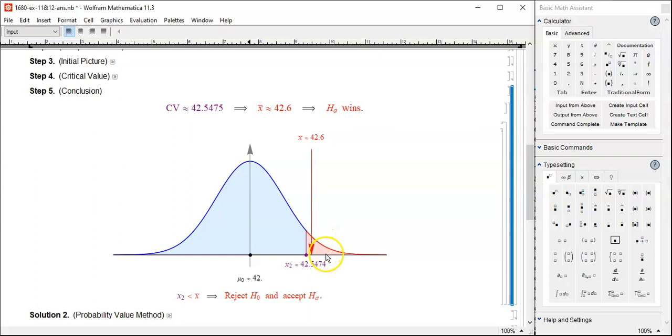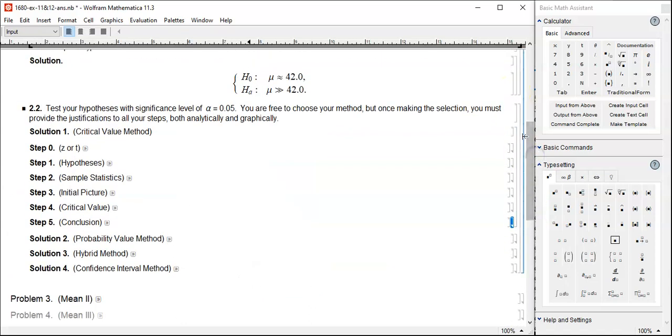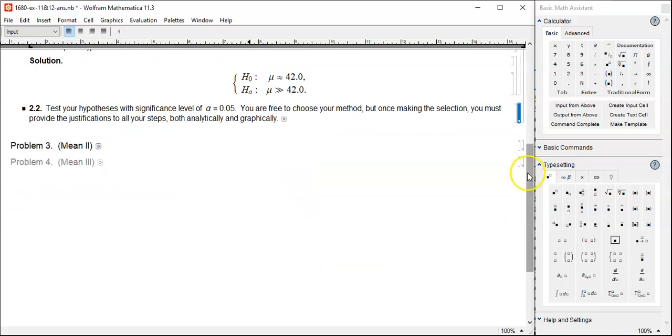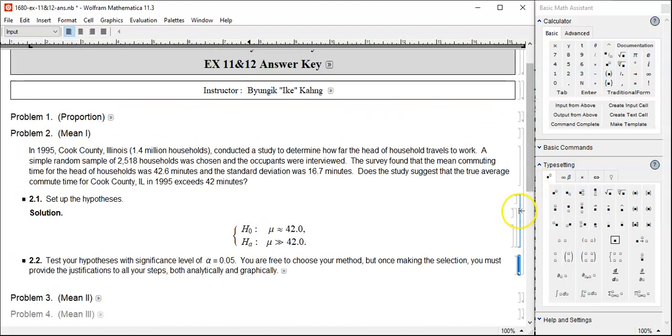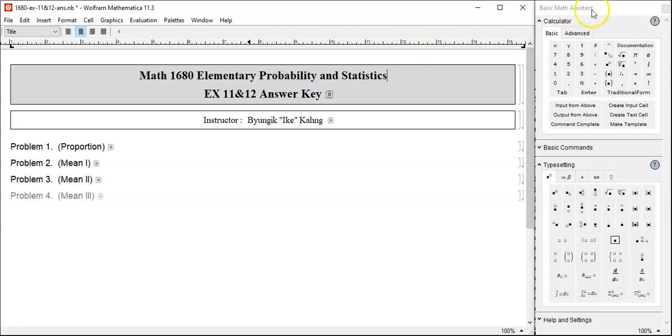Close to null or far away. It's crystal clear once you get this picture, so students do not make conceptual mistakes here. The other methods, a little bit easier computation arguably, but in the concept part, students make a lot of mistakes, and therefore I'm not really recommending those methods, to tell the truth.